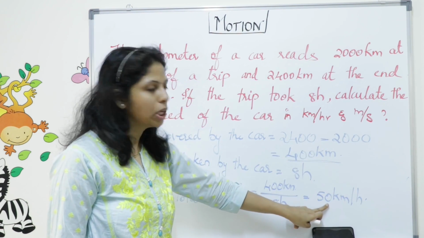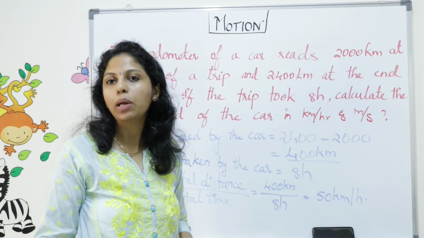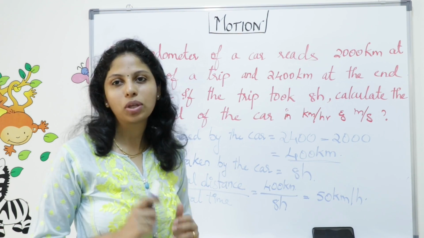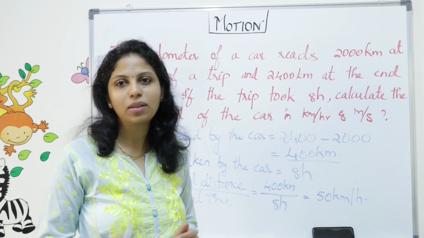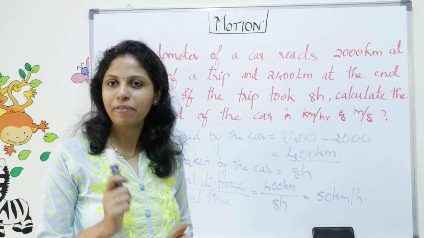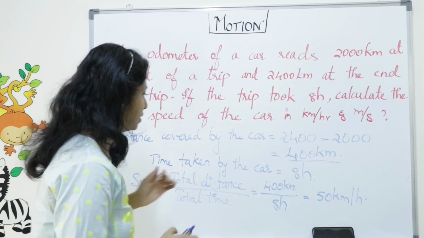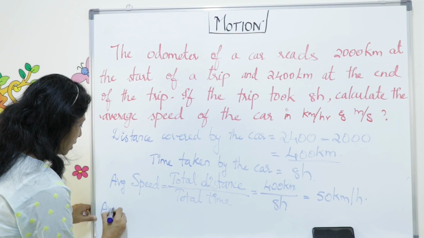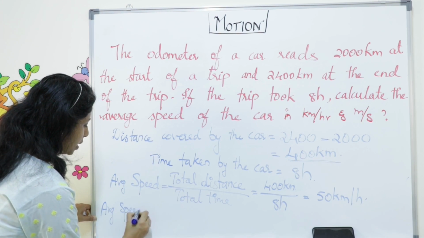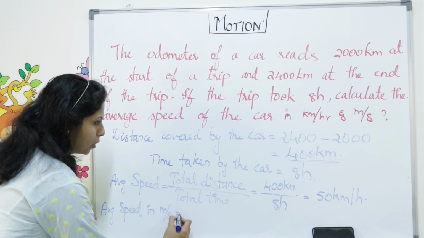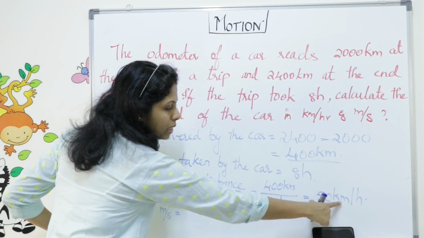So since we have got kilometer per hour, we can convert kilometer per hour into meter per second. So what should we do to convert kilometer per hour into meter per second? Yes, we have to multiply by 5 by 18. Therefore, average speed in meter per second is equal to, it is 50 kilometer per hour, right?